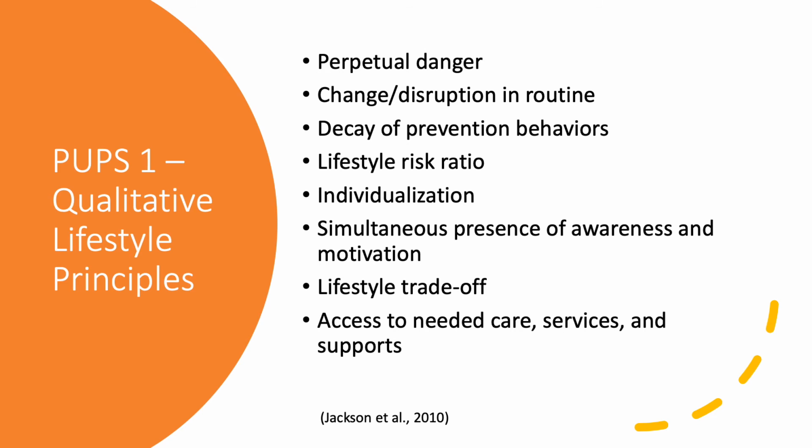People making a calculated risk of doing something they wanted to do, as a trade-off. Also, people's preventive behaviors sometimes diminished over time, especially if they were working, sometimes it's hard to keep focus on prevention. And of course, access to needed care or services or supports also was a contributing factor.